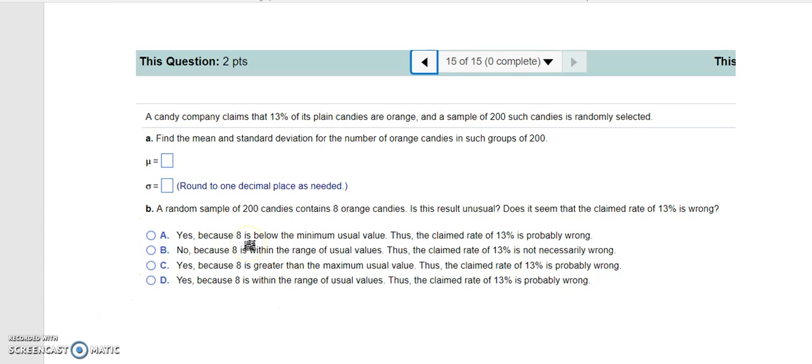And in part B, it says, in the random 200 sample, it turns out there's only 8 orange candies. So is this unusual? And is the claimed rate of 13% wrong?